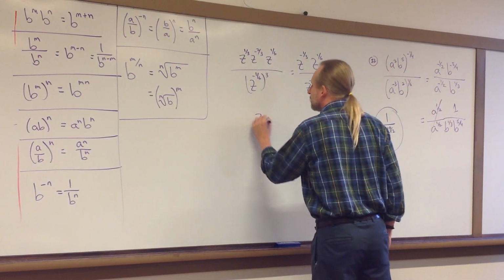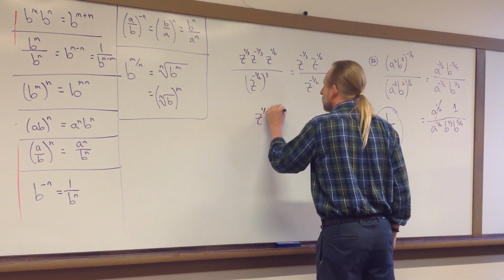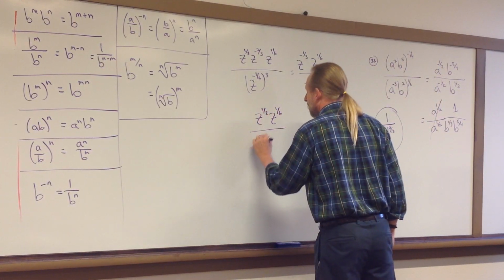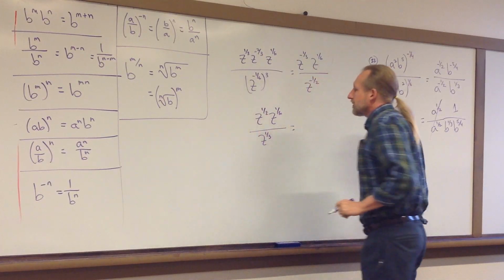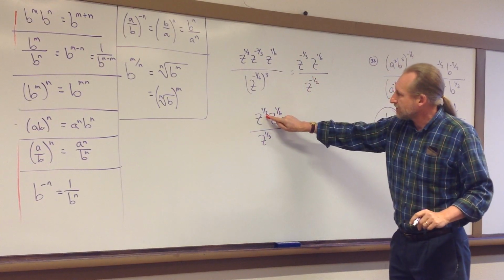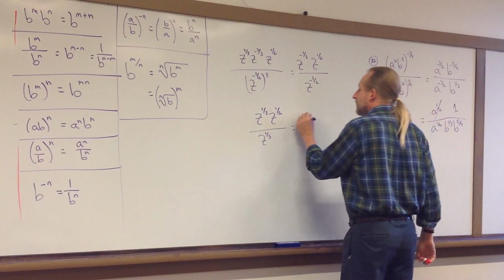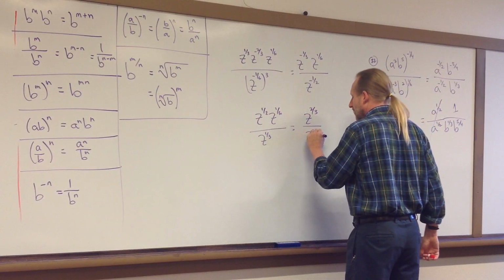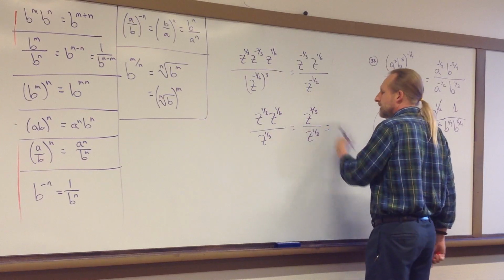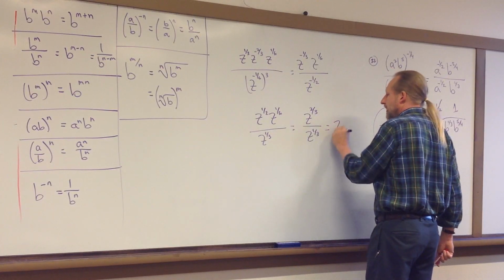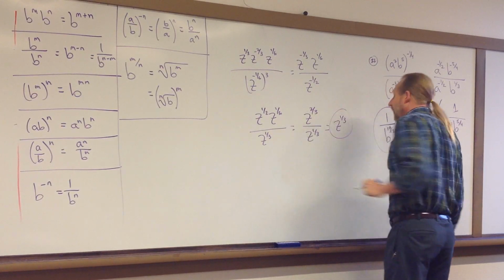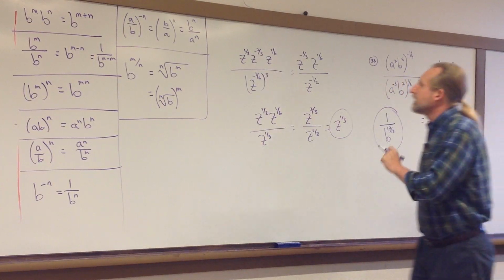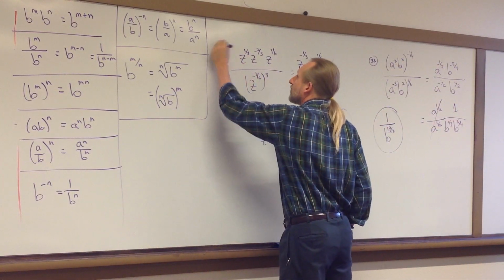So we'll end up with z to the 1/2, z to the 1/6 on top, z to the 1/3 on the bottom. So let's see. This is 3/6 and 1/6 make 4/6, which is 2/3. The 1/3 on the bottom, subtract these. 2/3 minus 1/3, 1/3, z to the 1/3. And that was problem 24.